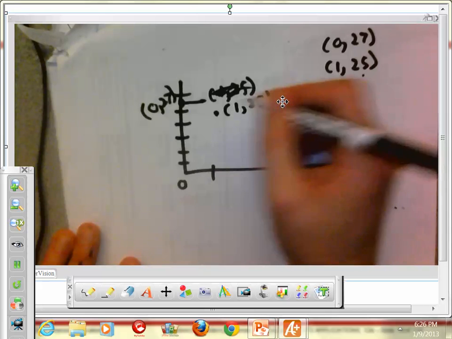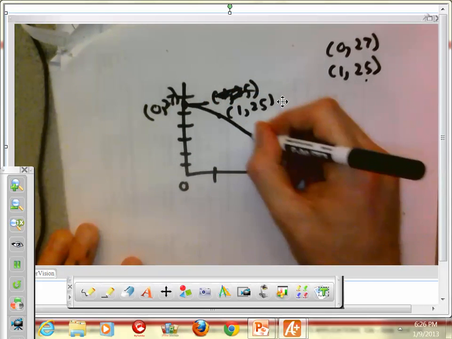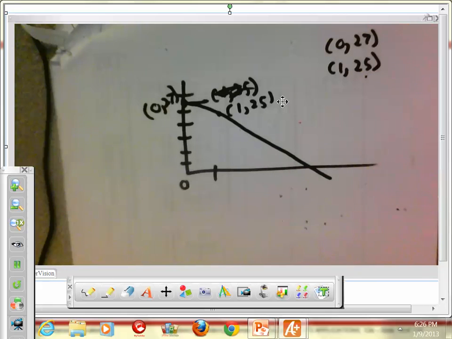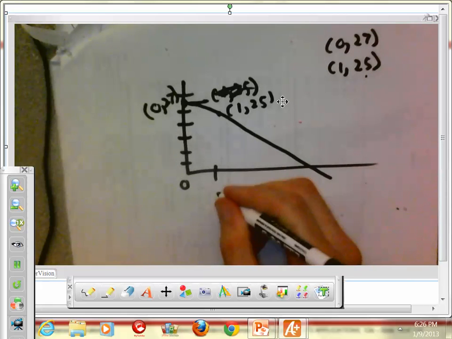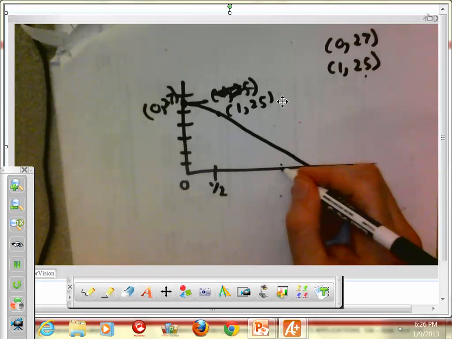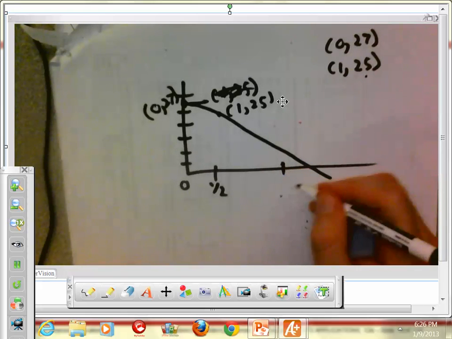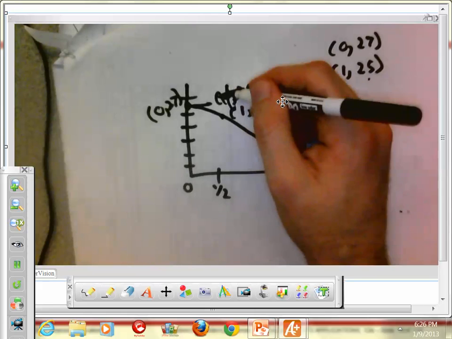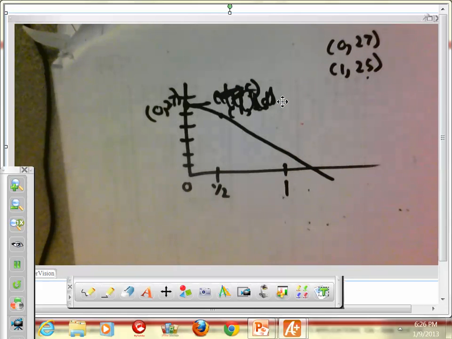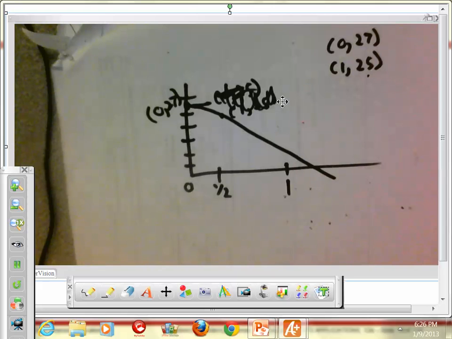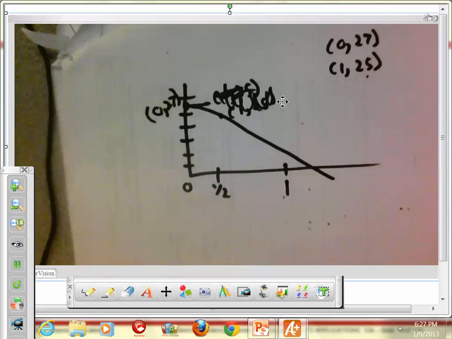Maybe not the most accurate drawn line in the world, but now the question is saying here is 0 and here's a half, and here is, say, the value 1. Ignore these points now. So what is the slope of this line between 0 and a half? -2.